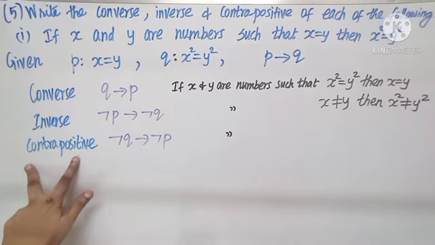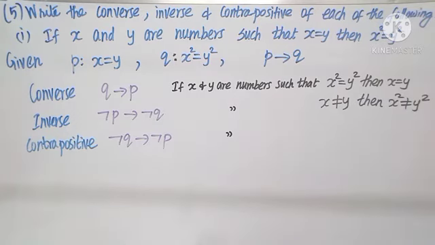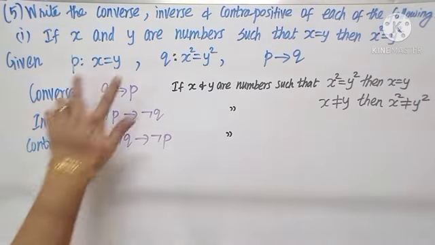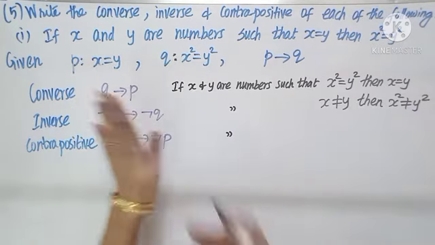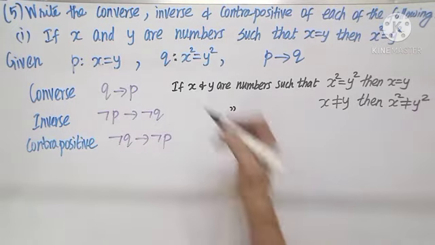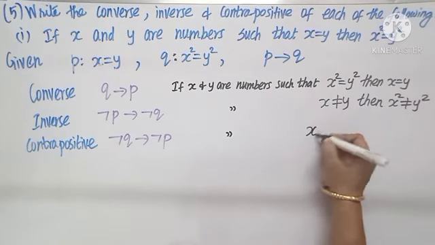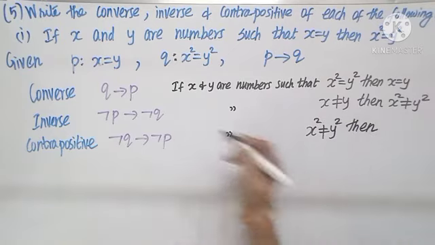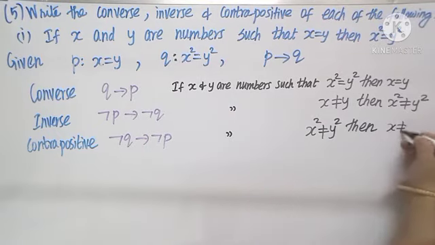The third one, contrapositive. How to write it? If x and y are numbers such that, interchange, for both I put not and I interchange. So this I will write first. X square not equal to y square. Then x not equal to y.